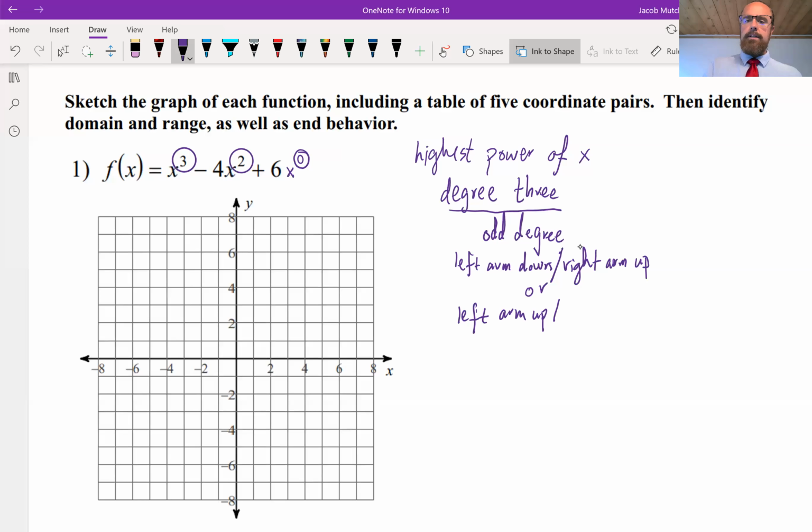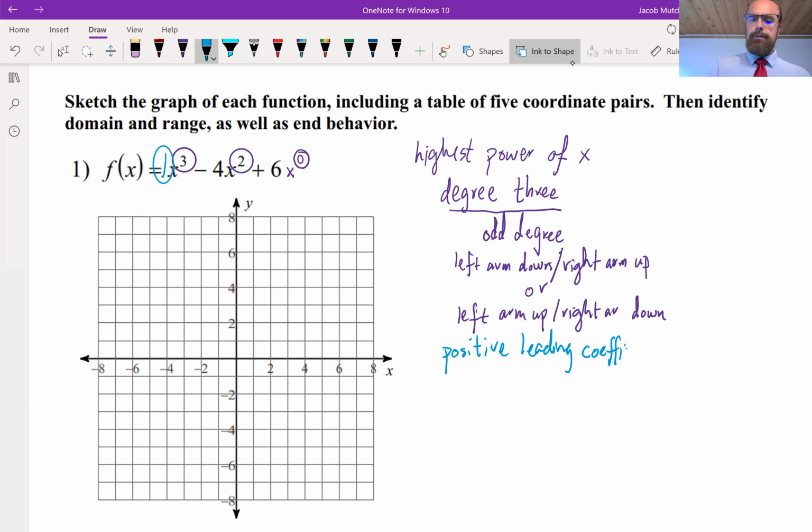Now we can decide between the two of those possibilities by looking at the sign of the leading coefficient. I notice here there's no coefficient on x cubed, so I'm going to record a 1. And what I'm going to notice is that is a positive leading coefficient. And so what that tells me is that the case that I'm looking at is that first instance.